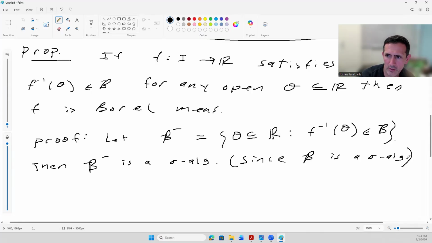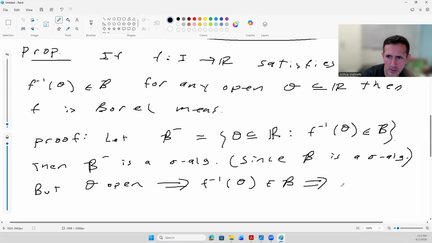If you are reading this and you're a UAlbany grad student going to take the prelim, I would expect the details, but we're almost done. Theta open implies the property we're saying, that the inverse image is Borel, and so by definition, theta is in B prime.